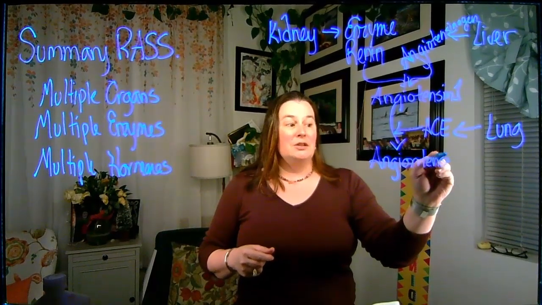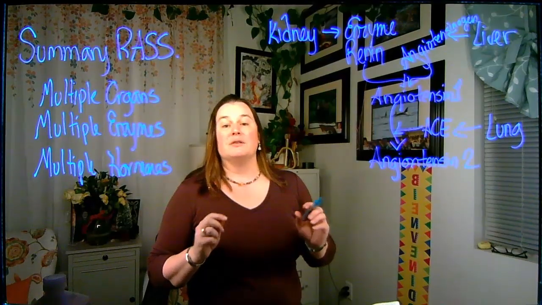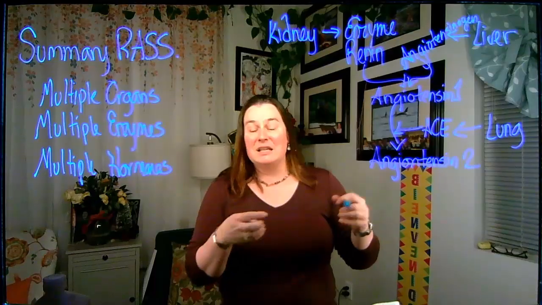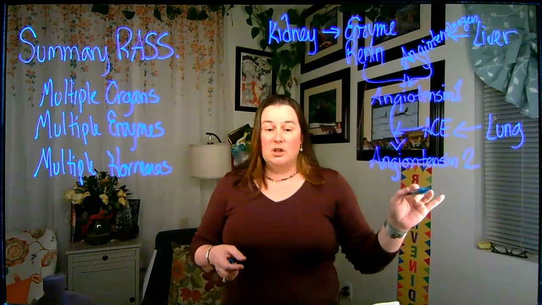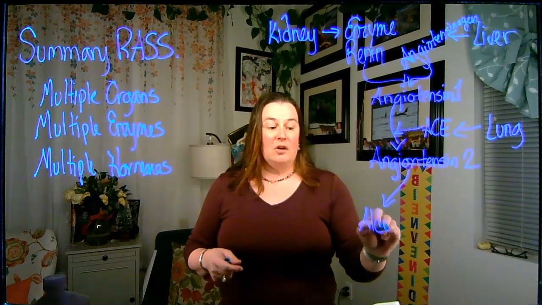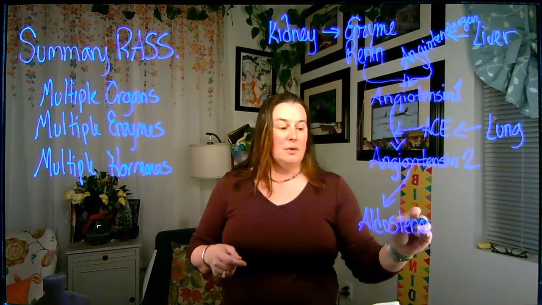ACE is the place. And when angiotensin 1 and ACE interact together, that creates the active form of the hormone, angiotensin 2. Multiple organs across the body have receptors for this. This includes blood vessels, the adrenal cortex, the kidney, and the hypothalamus of the brain. And when angiotensin 2 is released, it has a side effect of causing aldosterone, a second hormone, to be released.